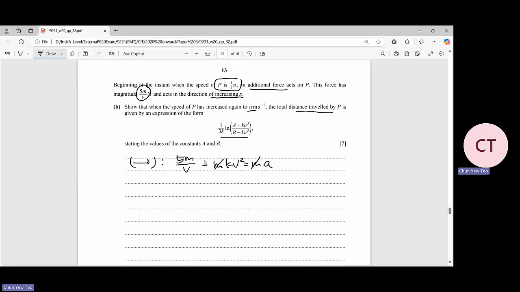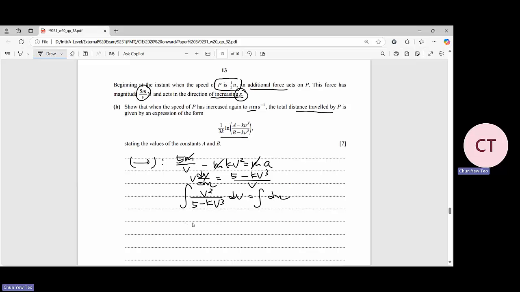So the m cancels. So we have a equal to 5 over V minus kv squared, which is 5 minus kv cubed over V. Since the question is related to x as well, our a should change to become V dv dx. So you have V squared over 5 minus kv cubed dv, integrate dx.